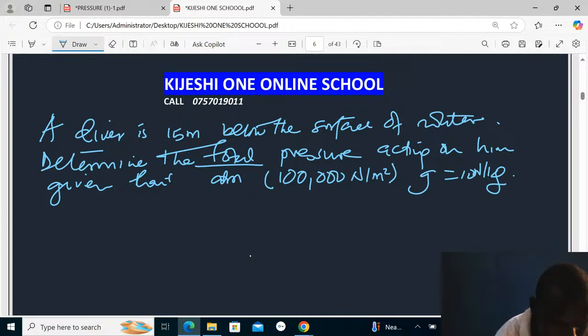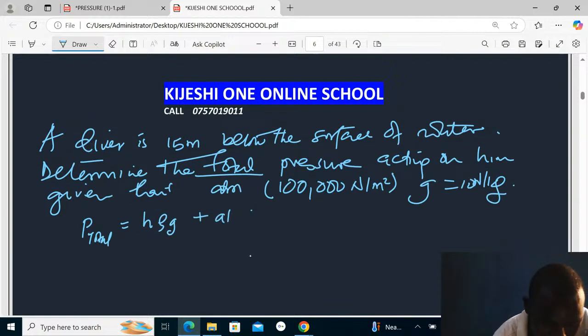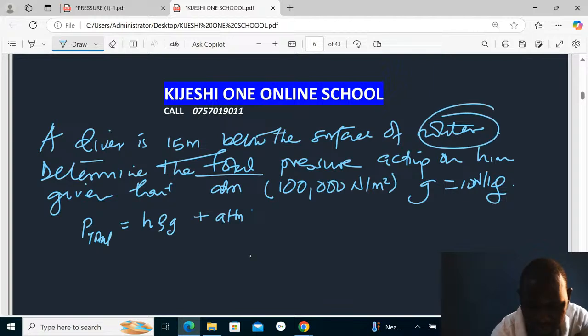So total pressure will be given by the pressure due to the water column plus atmospheric pressure. In this case, when you are just given water and the water is not specified, we take the density of water to be 1,000 kilograms per cubic meter.